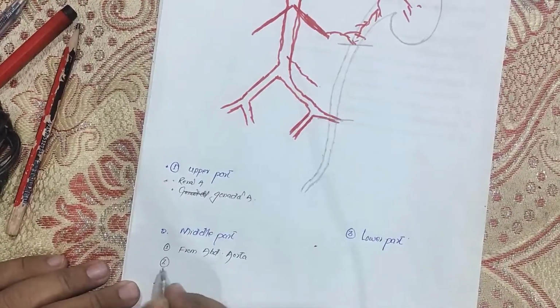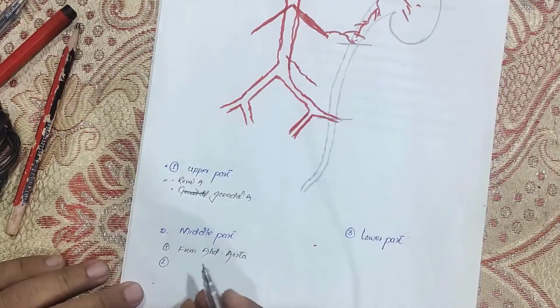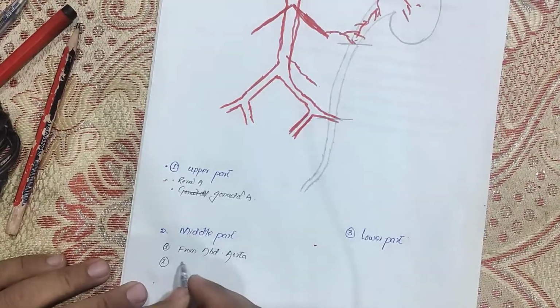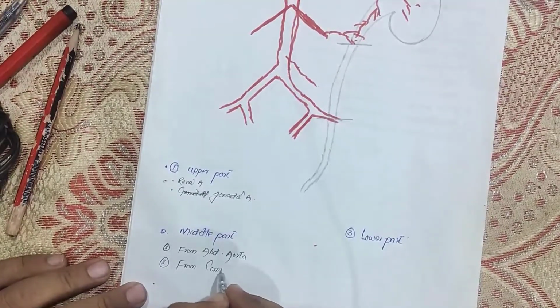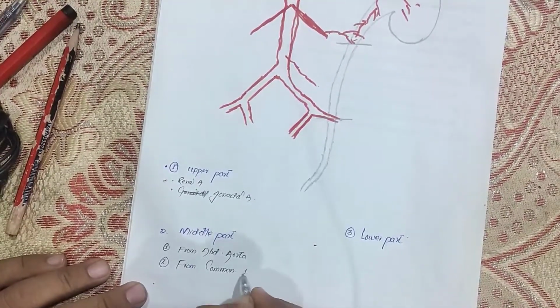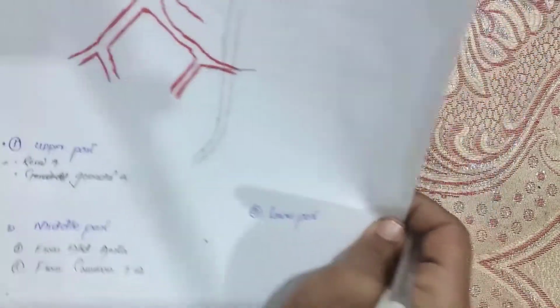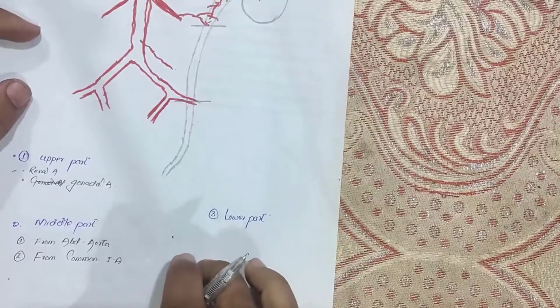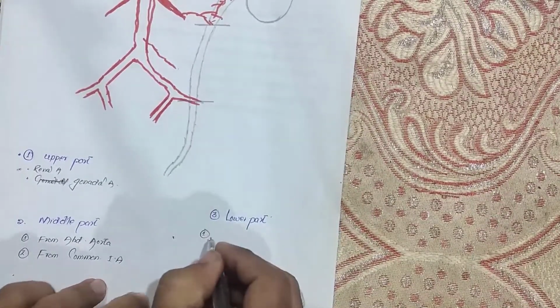The second one, which the middle part gets, is from the common iliac artery. Done. And the lower part of it receives its oxygenated blood from many different arteries.